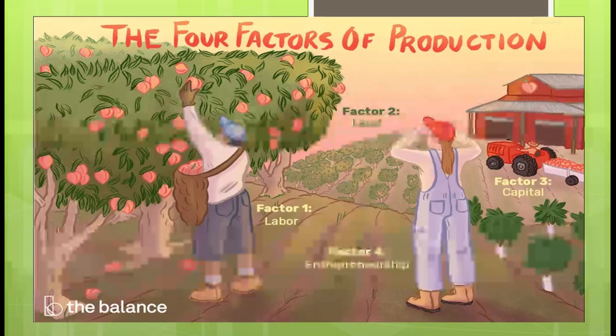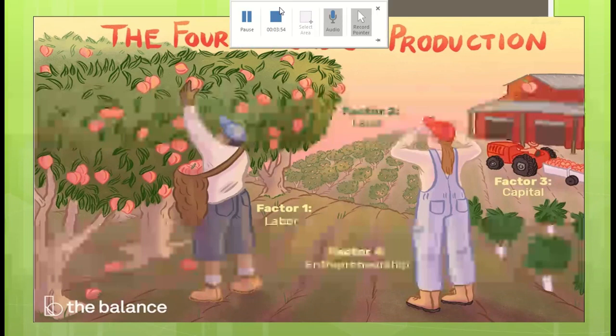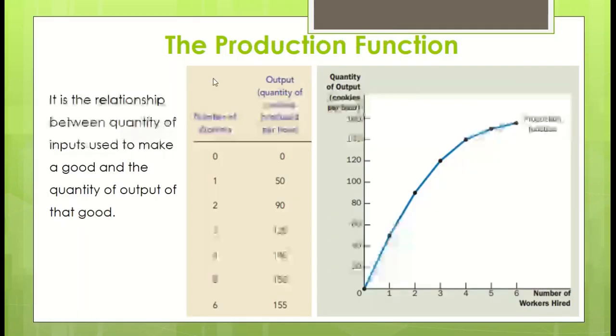Coming back to production function, there is a schedule in which column 1 shows the workers, that is labor, and column 2 shows the output, and in this example output is cookies.